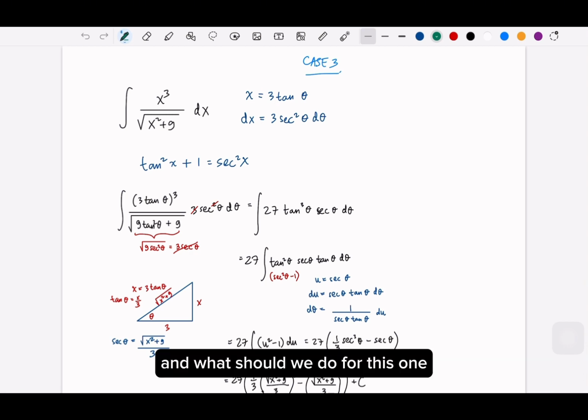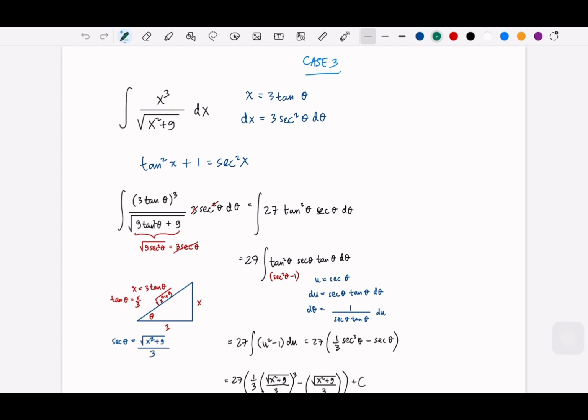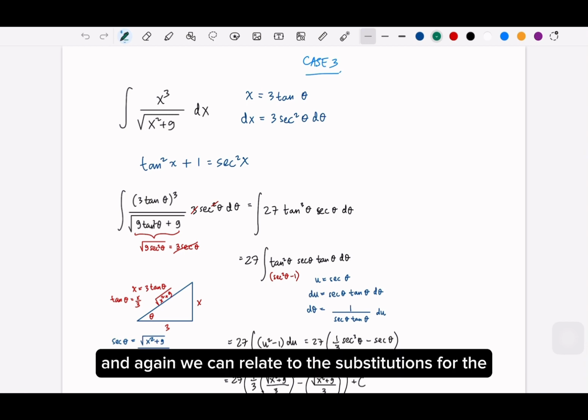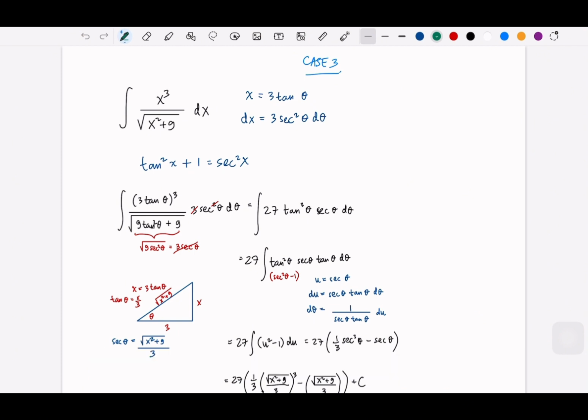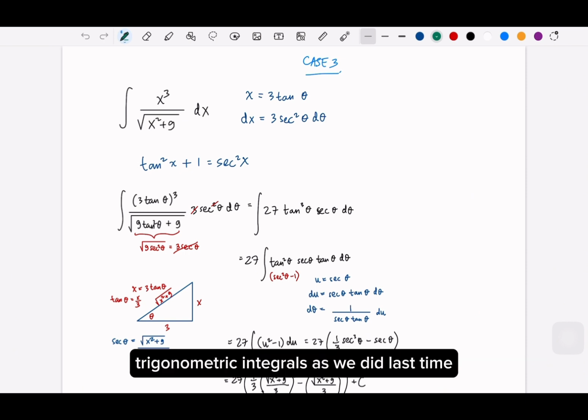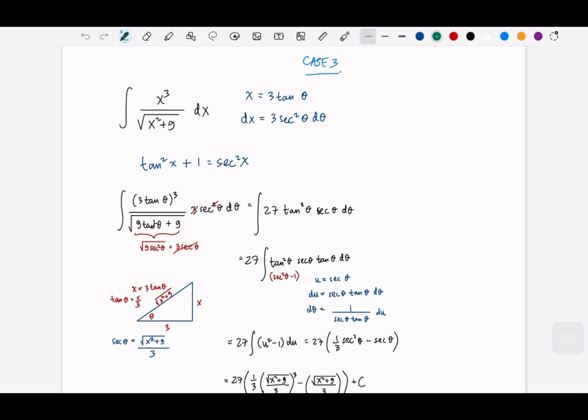And what should we do for this one? So we have tangent cube and then secant. And again, we can relate to the substitutions for the identity for tangent squared plus 1 equals secant squared. So again, this will be also trigonometric integrals that we did last time.